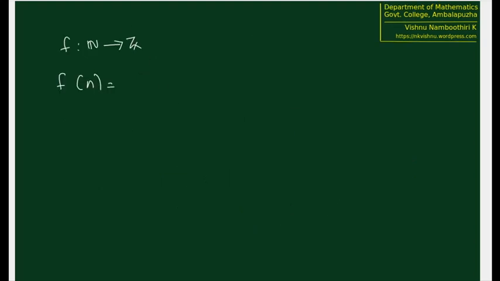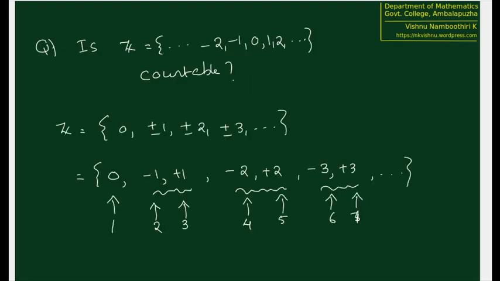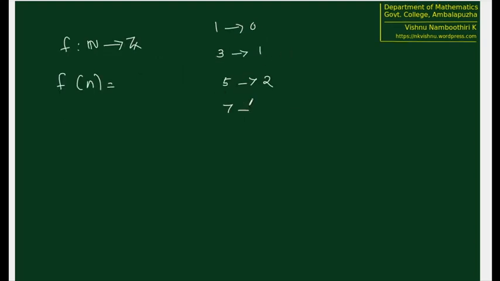So if you look at the positive elements, we have taken 1 to 0, 3 to 1, 5 to 2, which is correct, 7 to 3. If you carefully look at all these, 1 going to 1 minus 1 is fine. 3 going to just 1, but if it is just n minus 1, 3 would have gone to 3 minus 1, which is 2, but that is not happening.